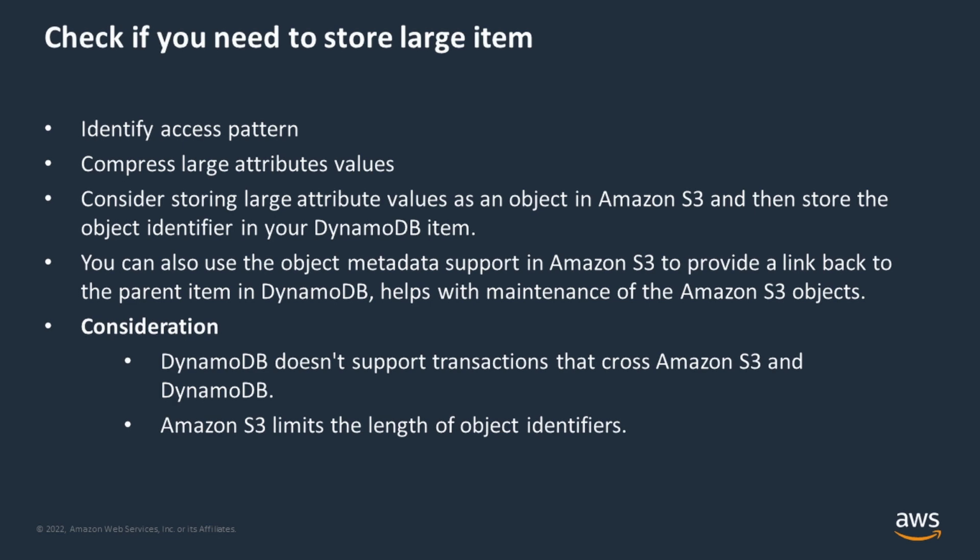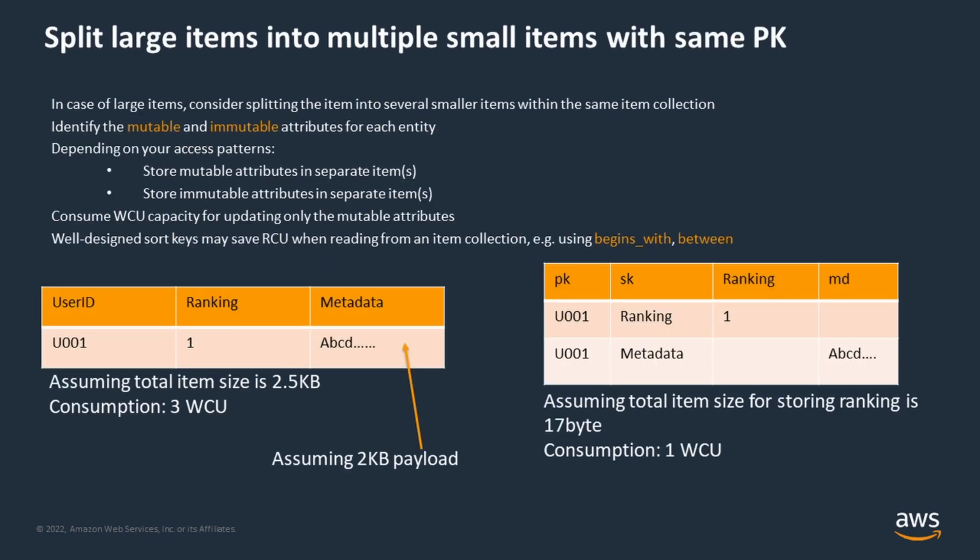And then when they actually go to download or view the large item, then you can pull it from S3. If you do need to keep it inside of DynamoDB, then sometimes it can be advantageous to split your item into multiple items or multiple rows, where you might have the large attributes in a row that isn't written to or read very frequently, and then you have the attributes which are written to or read more frequently in a separate row.